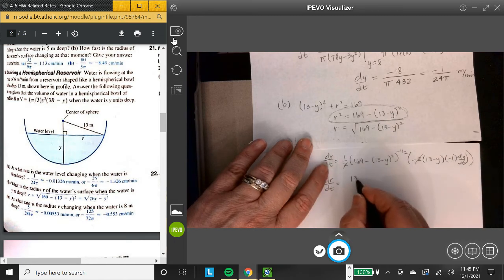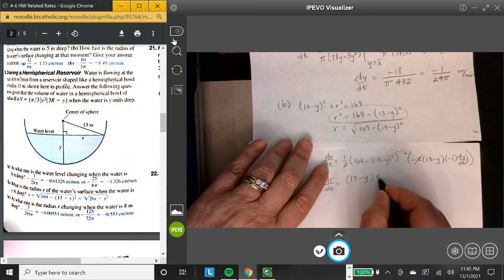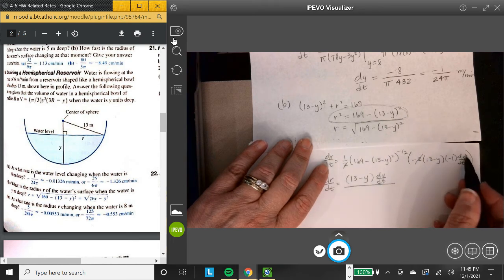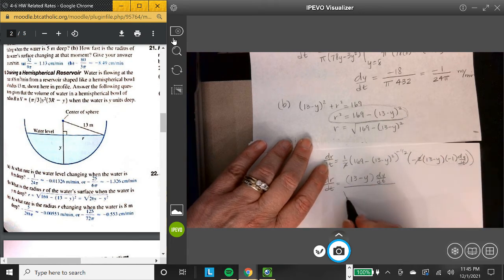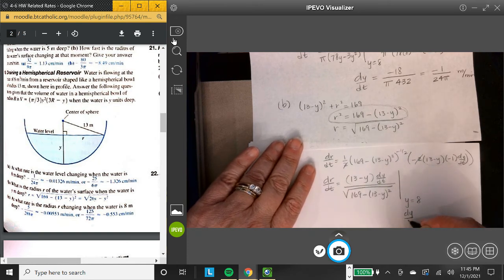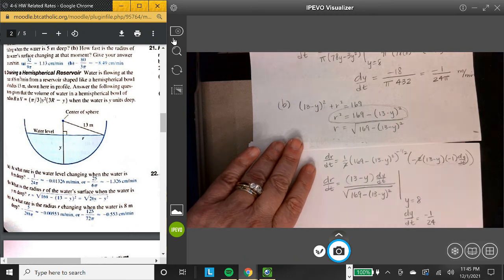So dr/dt equals (13 minus y) times dy/dt over the square root of 169 minus (13 minus y) quantity squared, where y equals 8. And we know dy/dt is what we solved for originally, negative 1 over 24.